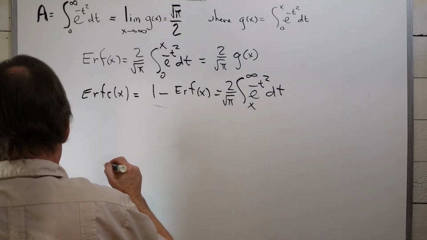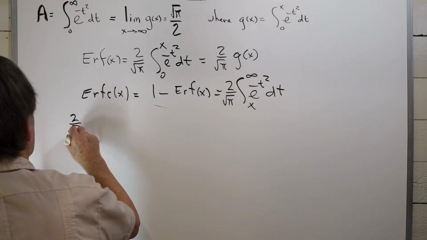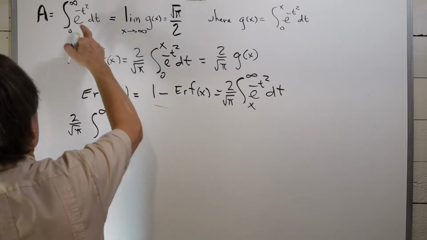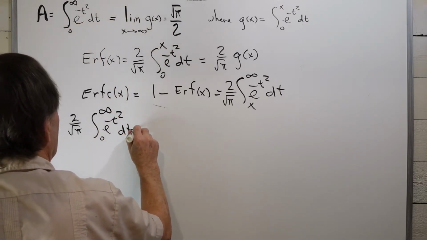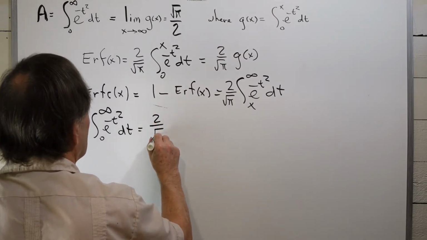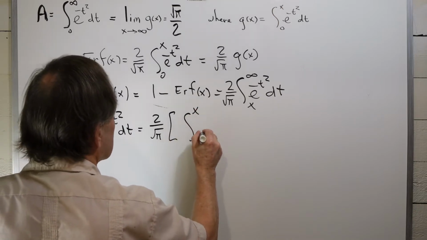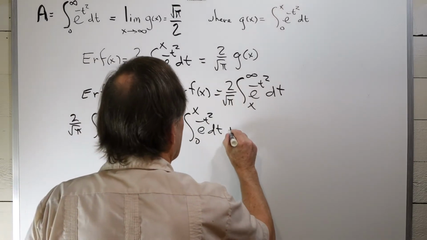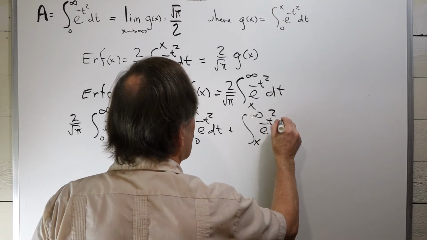So if you consider, for example, let's look at 2 over the square root of pi on the integral 0 to infinity, the original integral that we have. We can split it up into two integrals. One will go from 0 to x on e to the minus t squared, and then the other integral will go from x to infinity on e to the minus t squared.